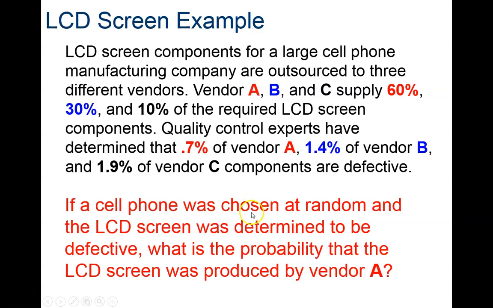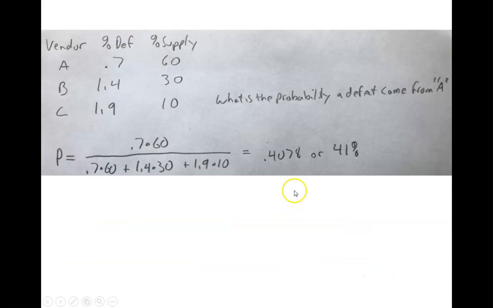So basically what we want to do is look at how many defects vendor A produces and divide that by the total number of defects that are being produced. And that's what we do. First off, I took the data that they gave us and I put it in a table because I think it makes a lot more sense in a table.